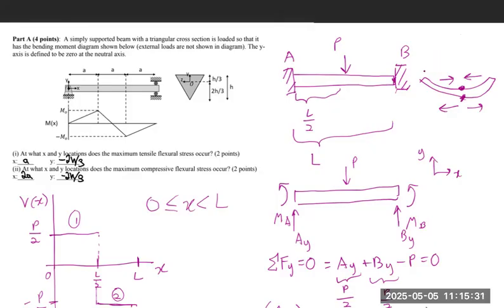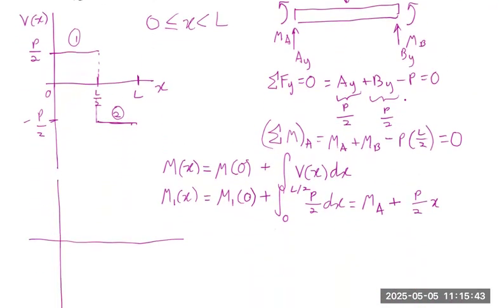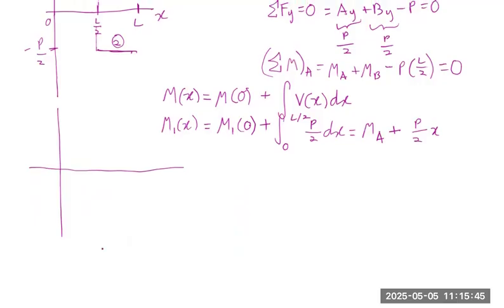So we're going to have a moment counterclockwise at A in order to counteract or kind of bend this end down, which will be counterclockwise and positive. So MA is going to be somewhere over here. We don't know the exact value because this is just a problem without values. MA, and then we're going to have plus P over 2 x, so sloping upwards.